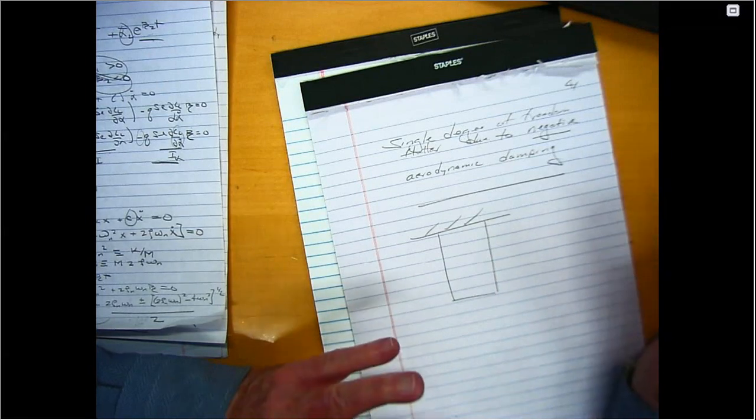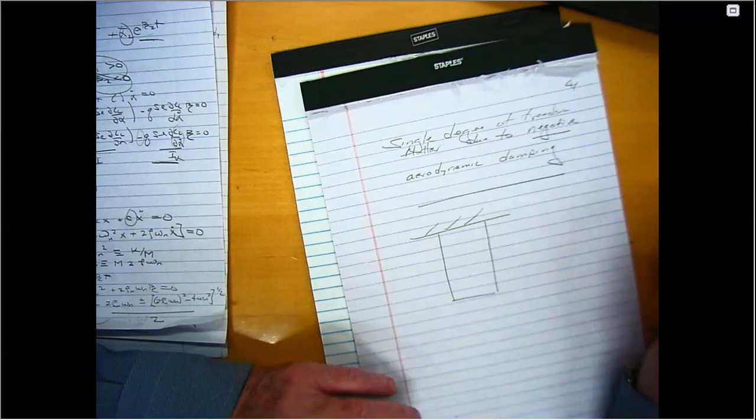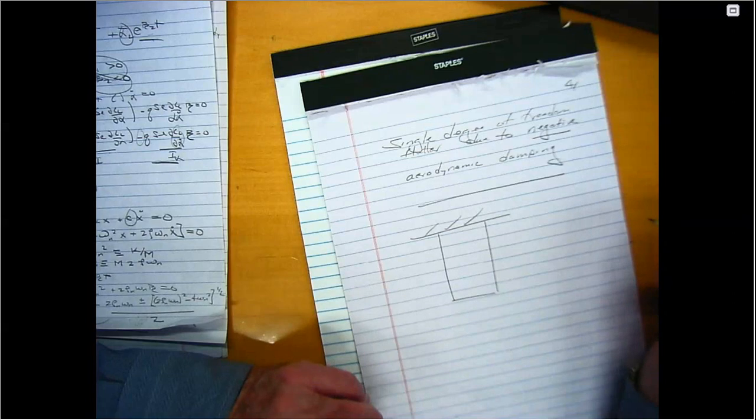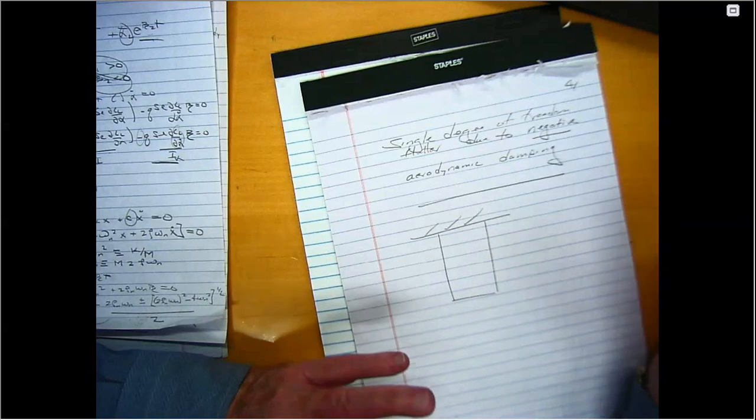It has lots of modes, right? There's the first mode, the second mode, the third mode. And so in principle, you need to look at each mode and the possible sign of the damping of that mode and determine whether any of the modes can be dynamically unstable.